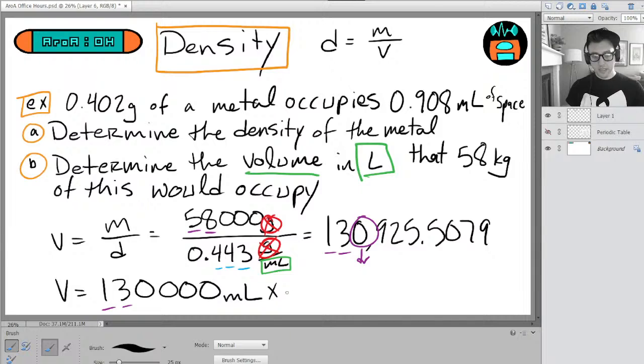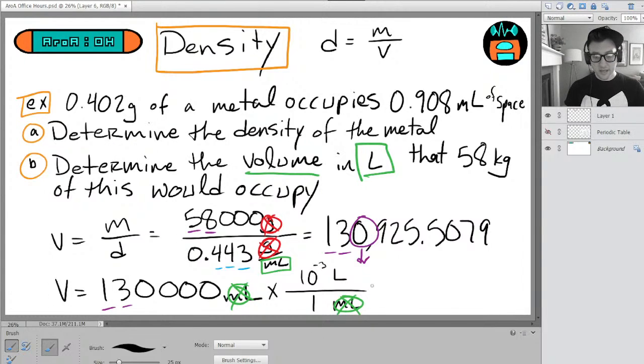All right, so we're going to put milliliters in the denominator, so it cancels. Liters in the numerator. 1 liter. 1 milliliter is 10 to the negative third liters. So now milliliters cancel.